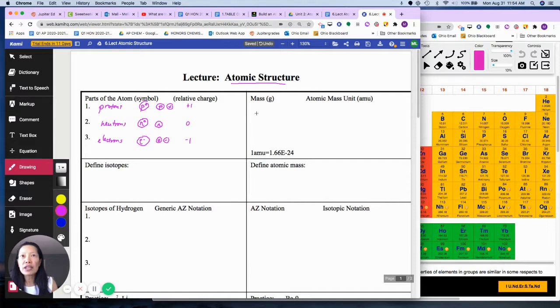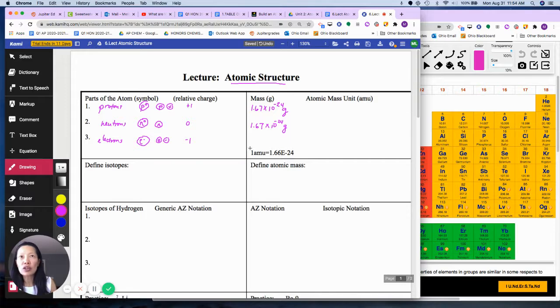So they are very light. For example, a proton weighs 1.67 times 10 to the negative 24 grams. The neutron has a very similar mass to the proton, 10 to the negative 24 grams.